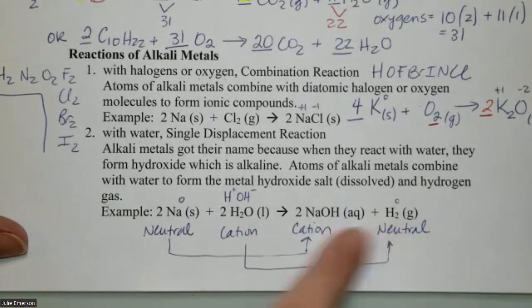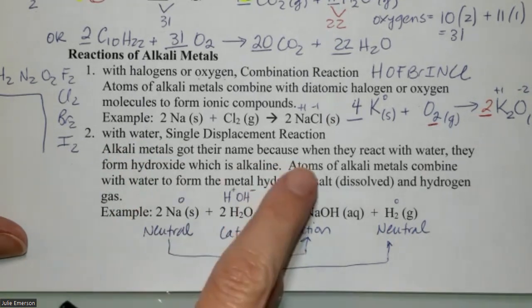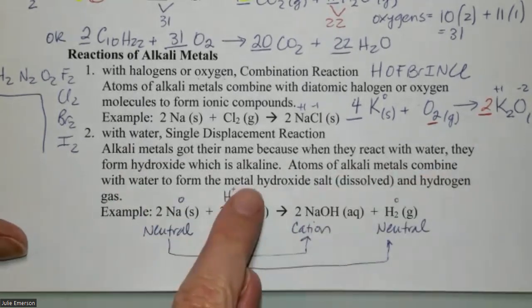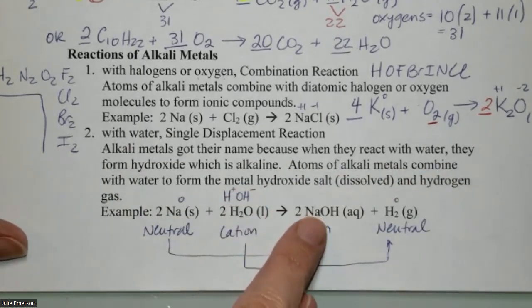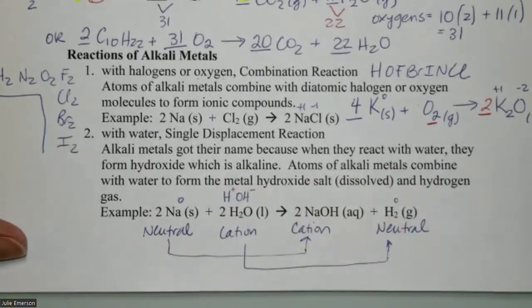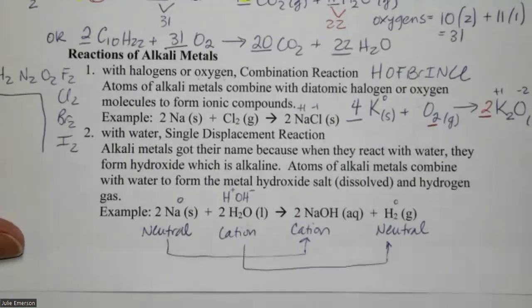So we're not too worried about predicting this just yet. If you notice with the water, it'll give a statement. It'll say, okay, the alkali metals combine with water to form the metal hydroxide. There's the metal hydroxide and hydrogen gas, H2. All right, so that's single displacement of an alkali metal with water.